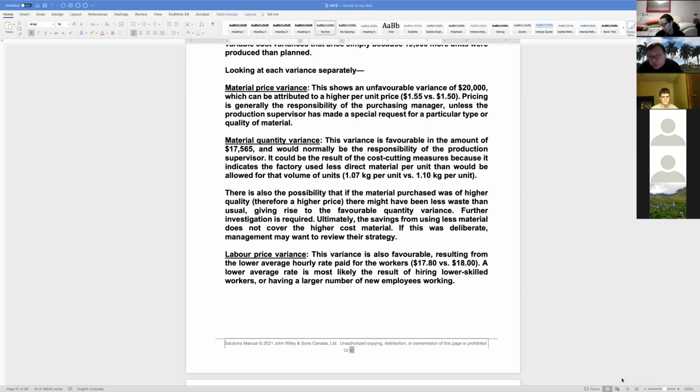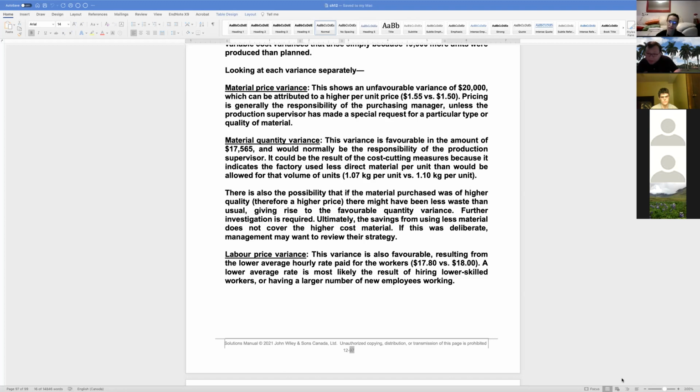That would be the actual production level times the standard rate, which is, for each unit of the product, 1.1 kilogram, right? So each unit is going to use 1.1 kilogram. And what's the actual production level for the year? That information is given. That is 357,000. So you use 357,000 times 1.1. That is the standard quantity, right?